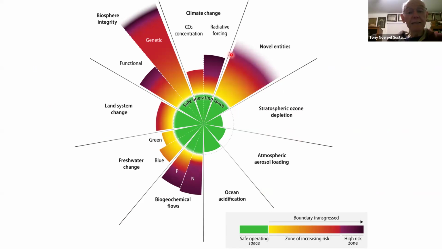We've surpassed them. We're in the red in 6 out of 9, and deep purple in a bunch of them. And we have to solve those also. We just can't address climate change, which also, by the way, is in the purple here. We have to solve all of these things if we're going to survive as a species.